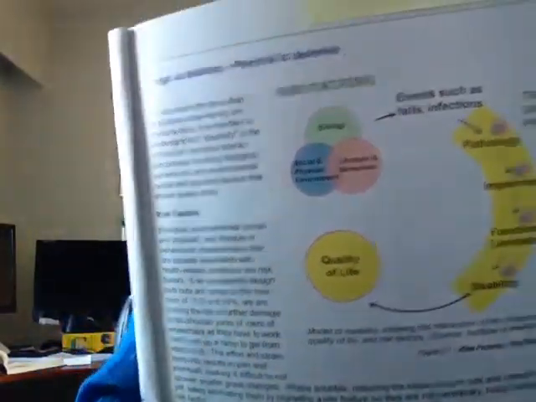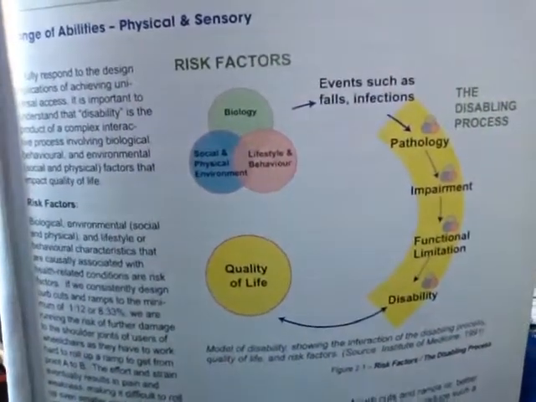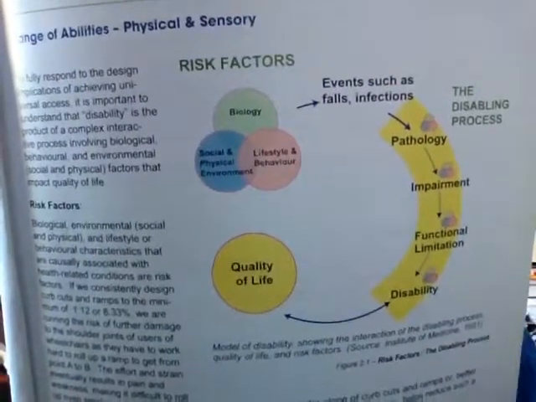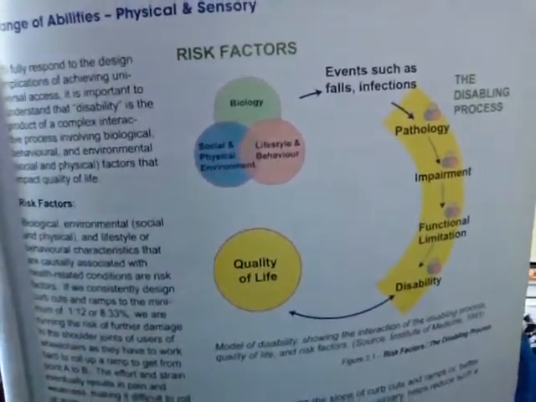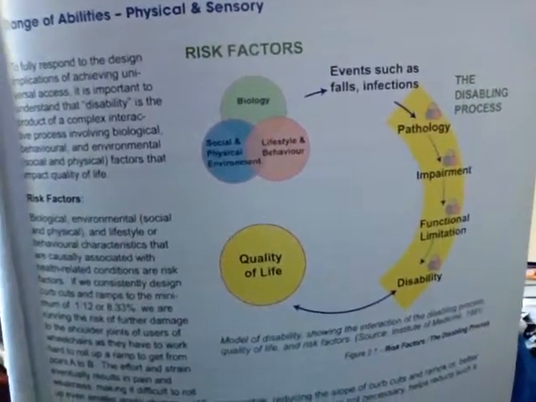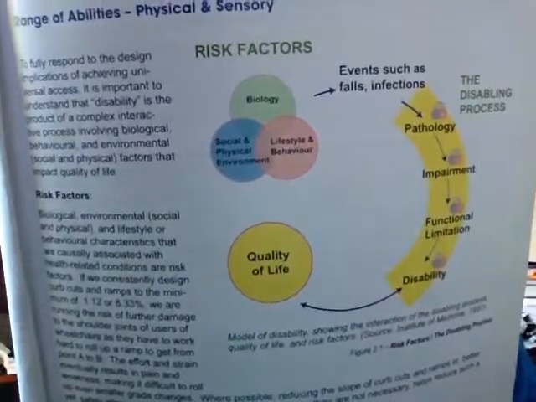And then it may become a disability. And that impacts the quality of life. And it's a very, very vicious circle called the disabling process. And I have created this so that it's easier to understand how the cycle could start in a temporarily able-bodied person, suddenly becoming slightly disabled and or completely.